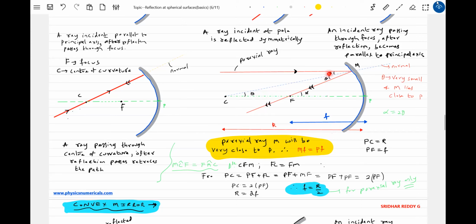Okay, let's see one thing. Due to paraxial rays, MF should become equal to PF. This is the condition. Next, again, let's look at the geometry. Angle FMC should be equal to angle FCM. Because of the isosceles triangle, MF should be equal to FC, or FC is equal to FM.